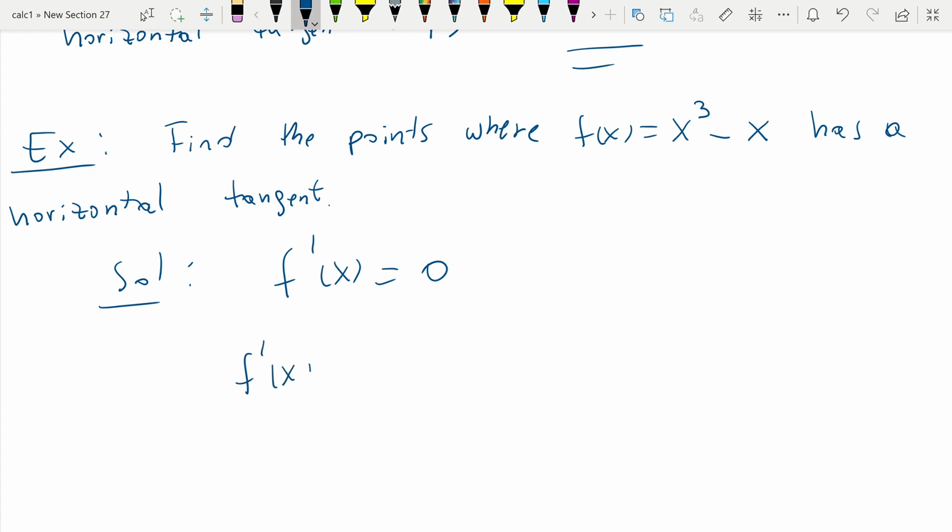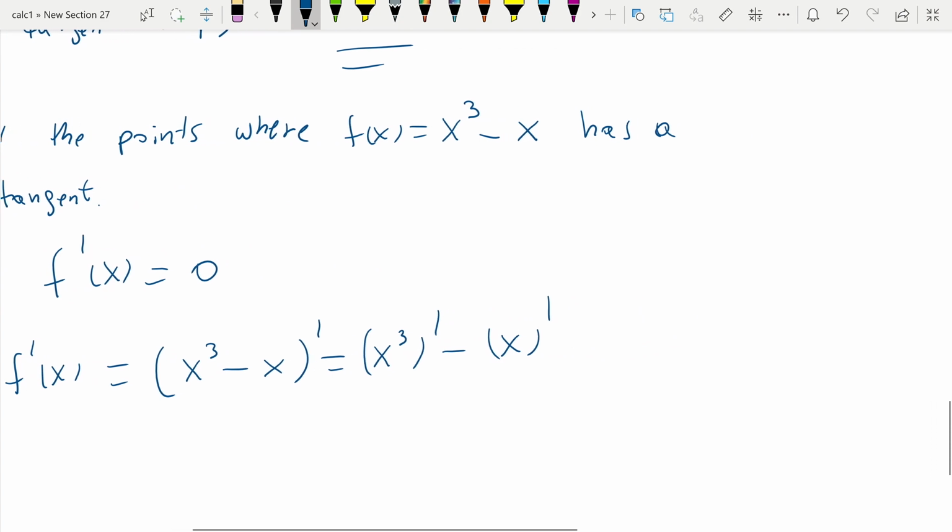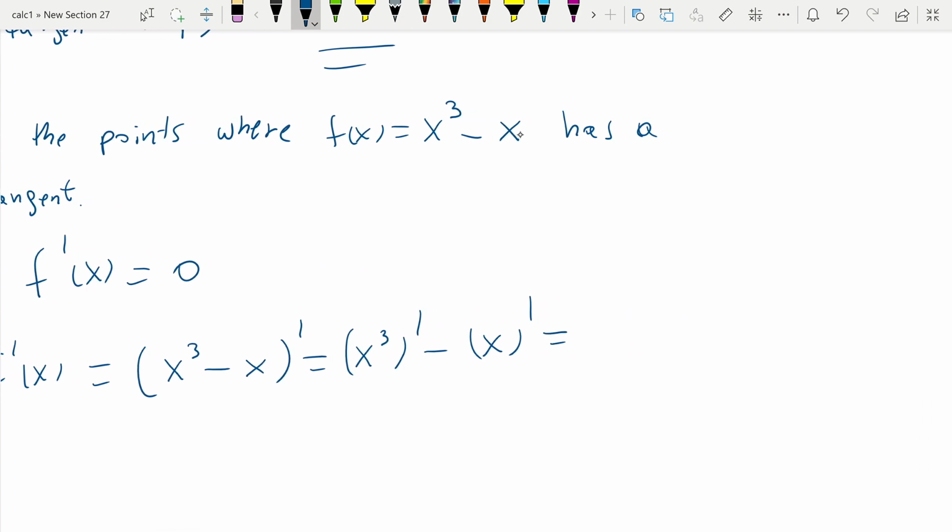What is f prime of x? Again, the power rule and the rule for the sum and difference of functions. So this is the same as x cubed prime minus x prime, and this is just equal to 3x squared minus 1.